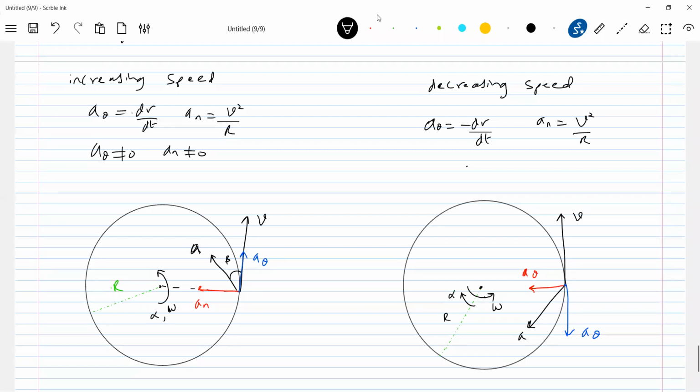So here you can write alpha equals d omega by dt. What about here? Alpha equals minus d omega by dt. Similar to kinematics, where you have retardation. Whether the speed of the particle increases or decreases, centripetal acceleration will be directed towards the center. Don't show it away. You'll be in big trouble.